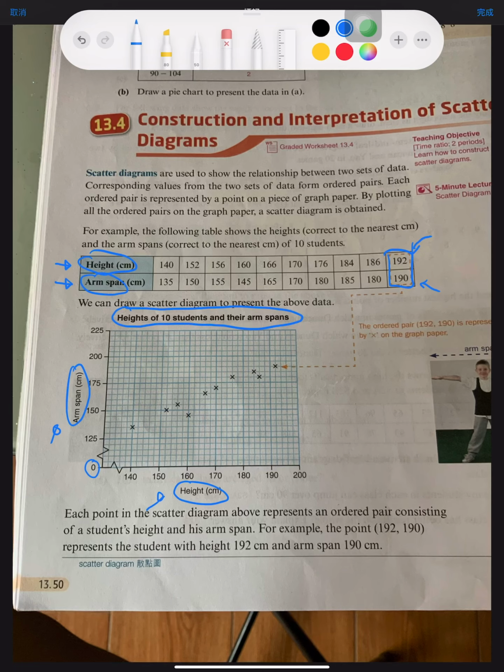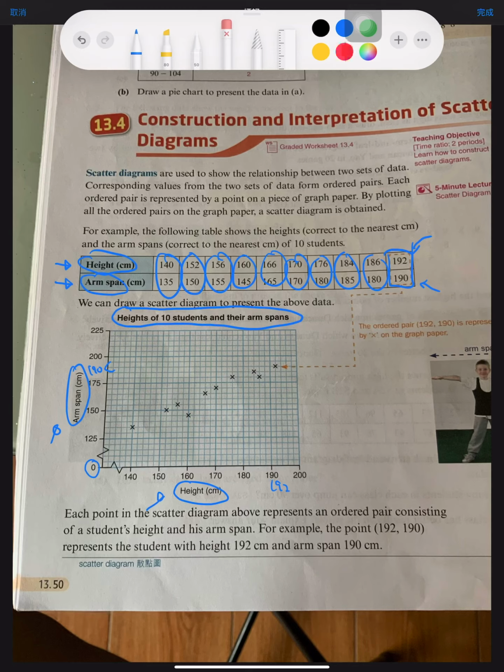After you draw all the data in the scatter diagram, we will have these points, and we can see that there is also a relationship between the height and the arm span.